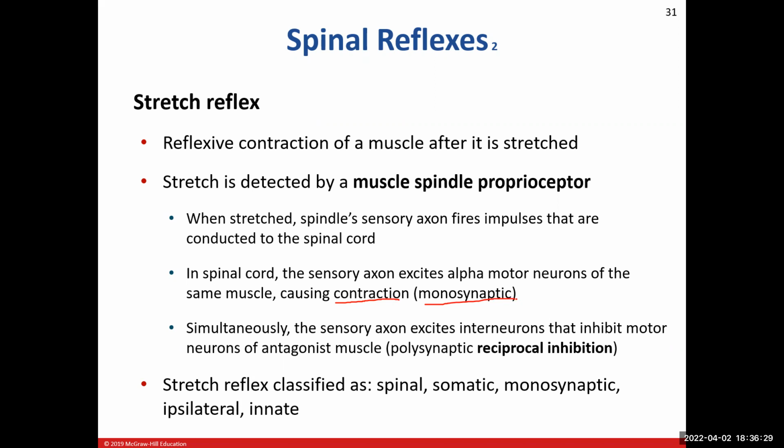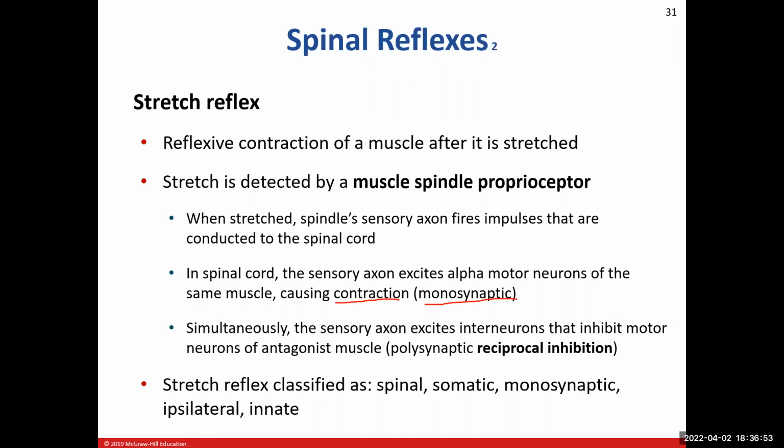Now at the same time, the example that's being shown here in this picture is the triceps brachii muscle. The triceps brachii muscle in this example is being stretched. And when it's being stretched, we elicit the stretch reflex, and the triceps brachii muscle will contract as a response to the stretch.